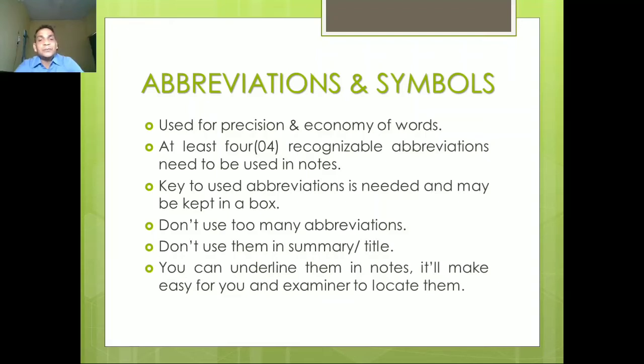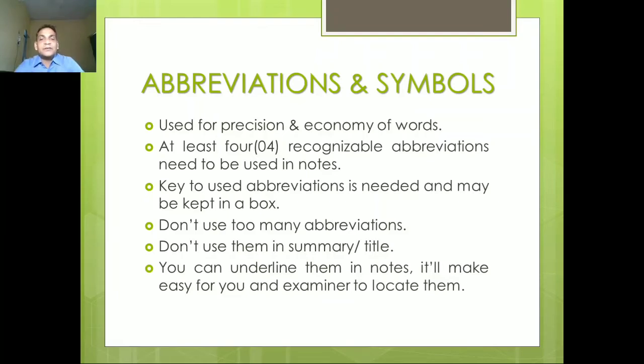Don't use too many abbreviations. At least 4 are supposed to be used. There is no limit for the maximum number of abbreviations, but too many abbreviations will mar the beauty of notes. So 4 to 6, 7, 8 abbreviations and symbols are sufficient. Don't use them in the summary or title.